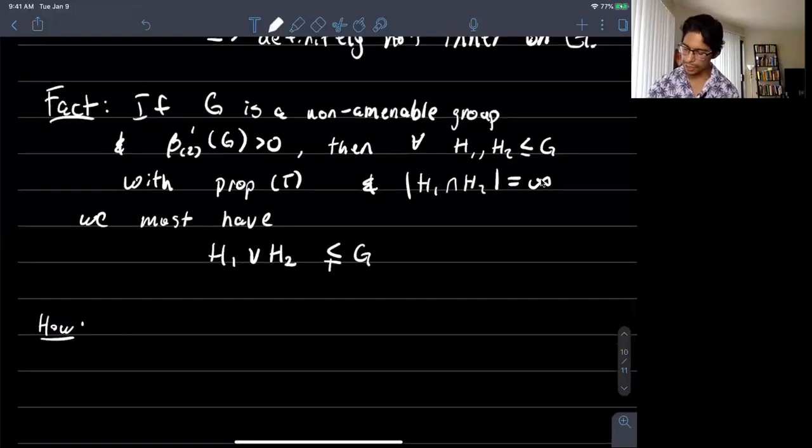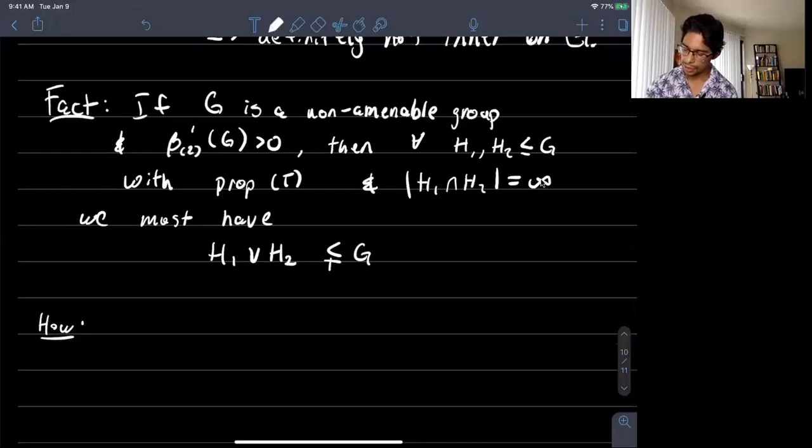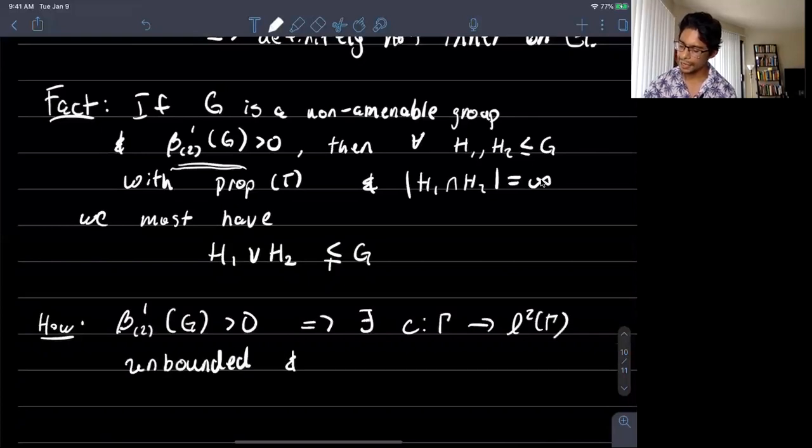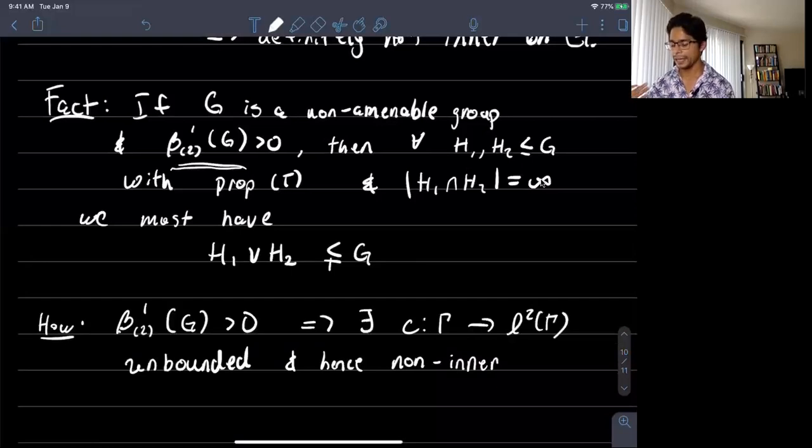Well, let's start with the fact that this setup now shows that the first L2 Betti number of a group being positive implies the existence of a cocycle which is unbounded and hence non-inner, meaning not implemented by a fixed vector across the whole group.